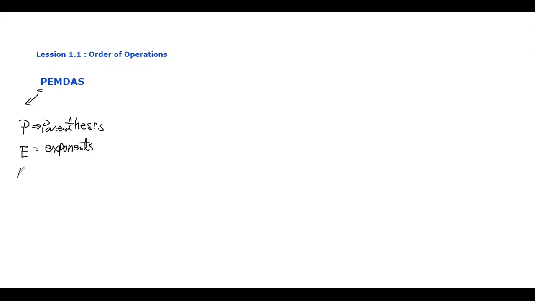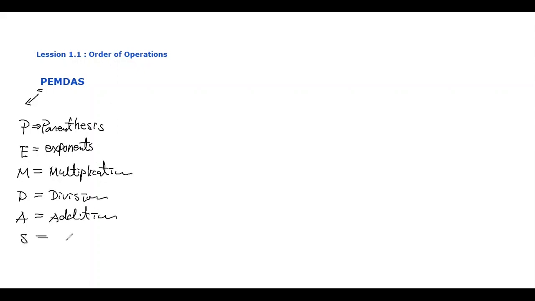N is the multiplication. D is division, meaning divide by. A is addition. And S is subtraction.